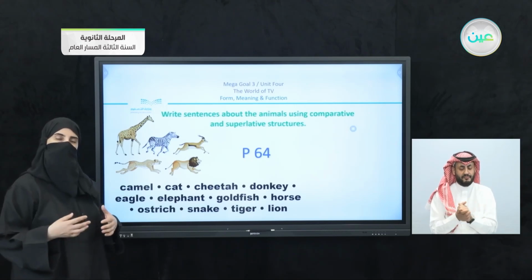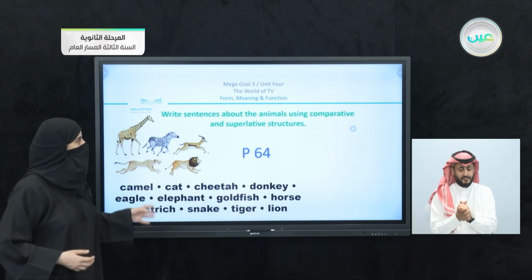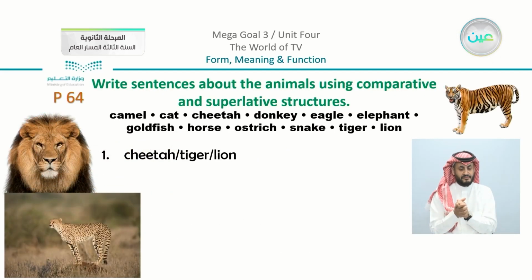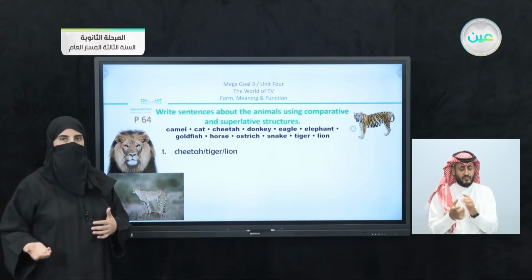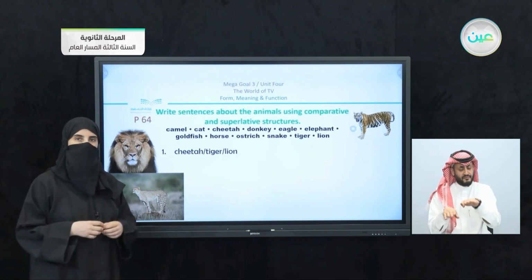So we are going to just use the examples that we have in the book here. We are going to compare as the book instructs us to, using the comparative and superlative. We are going to use one-time superlative sentences or comparatives, and we're going to also use comparative degrees.